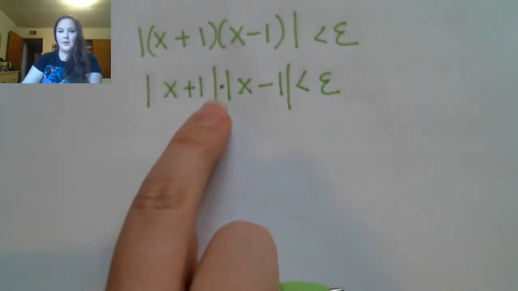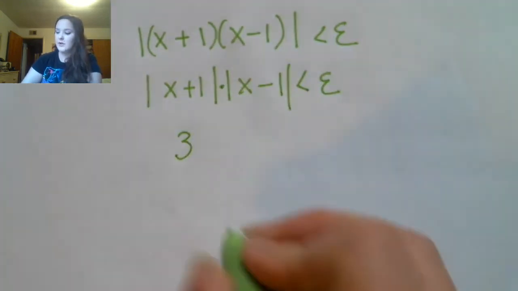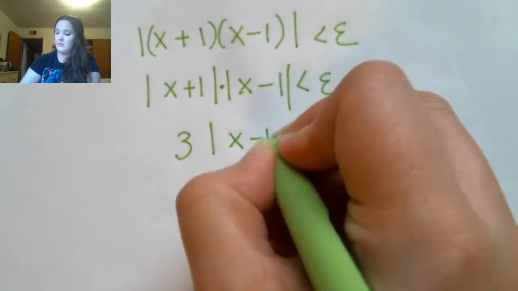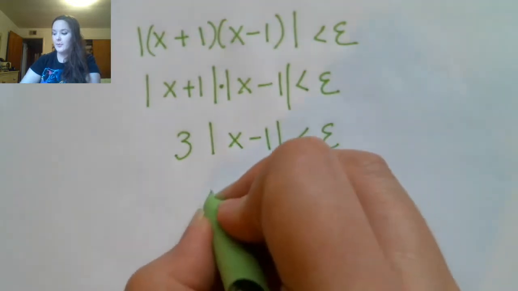Now remember, this is going to be less than 3. So we're going to have this be 3 right now, and then we can divide both sides by 3.